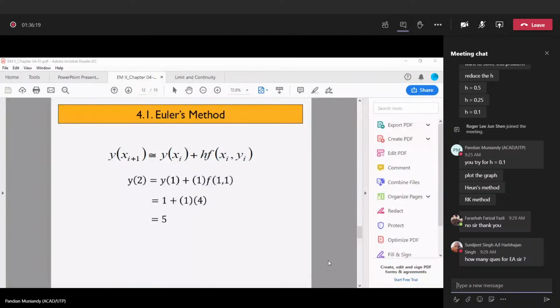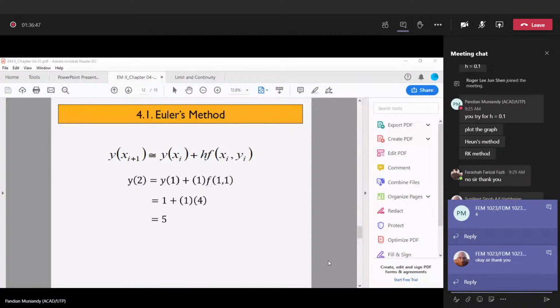And second order, constant coefficient, non-homogeneous. Euler, Runge-Kutta, and Heun's, 1. And finite difference method, you have the heat equation, the PDE, solved by 3 methods: explicit, implicit, Crank-Nicolson. I think 4.